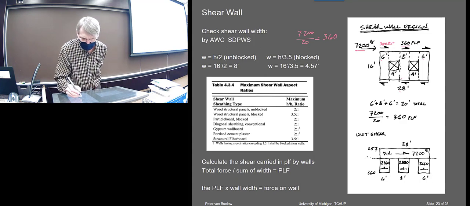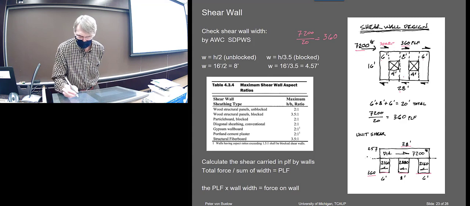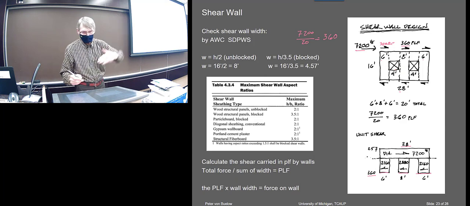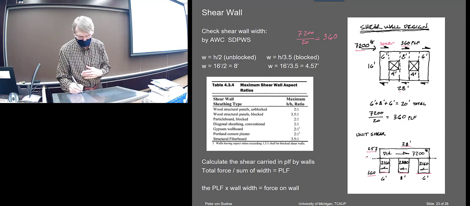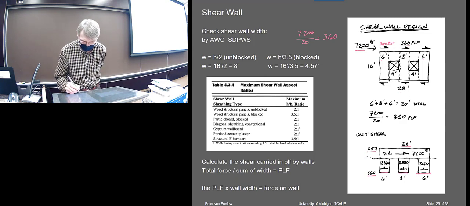Okay, that's then the load on each of these shear walls. That load divided across the entire length, from the diaphragm side, we calculated that earlier. From the diaphragm side, that's the 257 PLF, right?